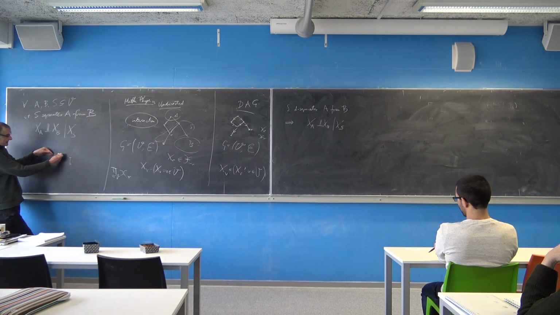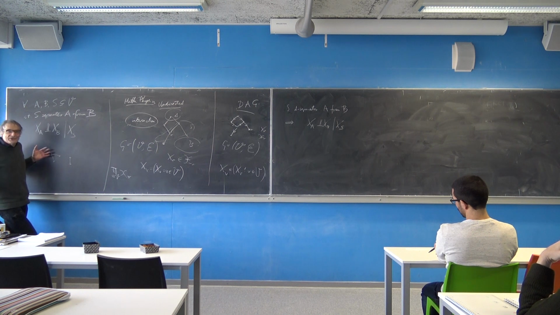It separates this singleton from this singleton, but it also separates these from these, because there's no path from anywhere here to anywhere here which doesn't go through there. So you have to watch out with double negatives and things.